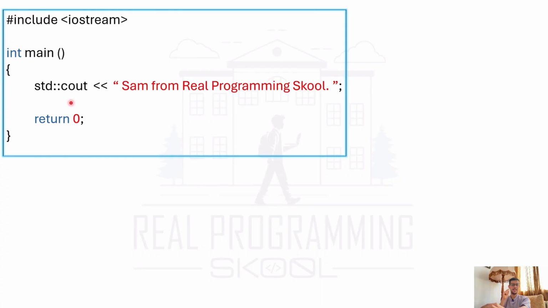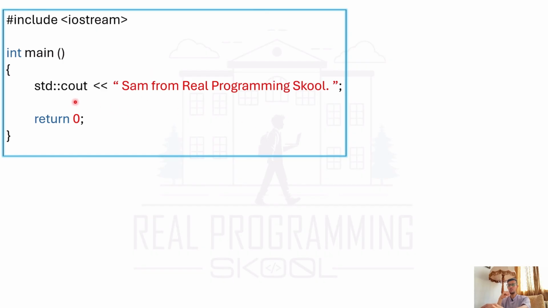The C stands for character, and out stands for output. So cout means please output for me the characters between these two double quotations, put on that console screen or black screen the sentence or string that exists between these two double quotations.